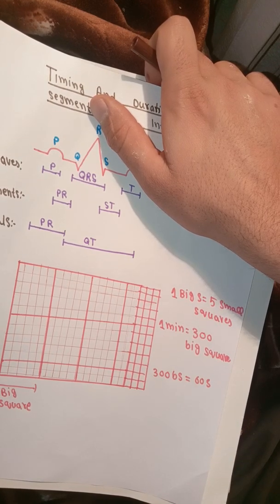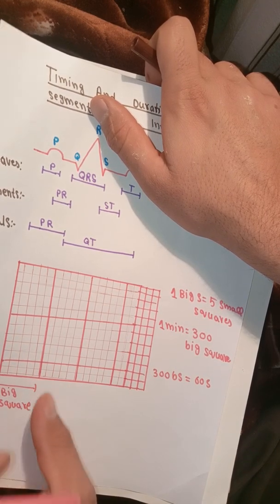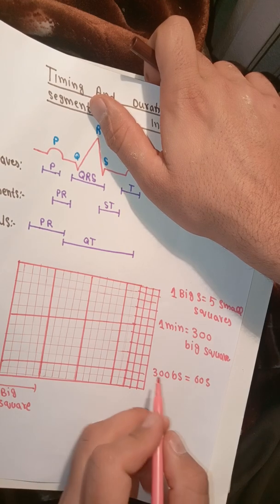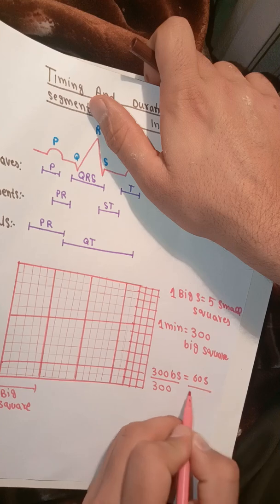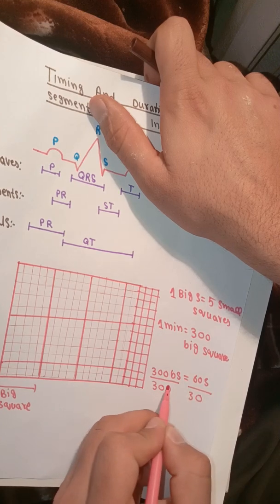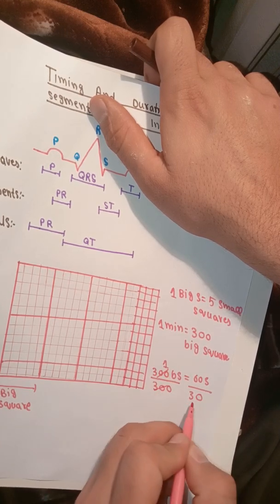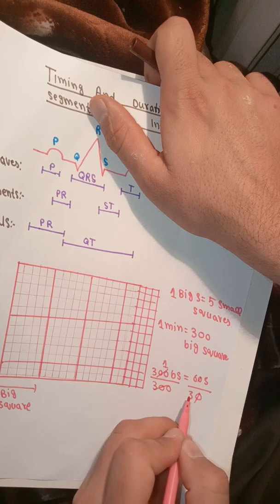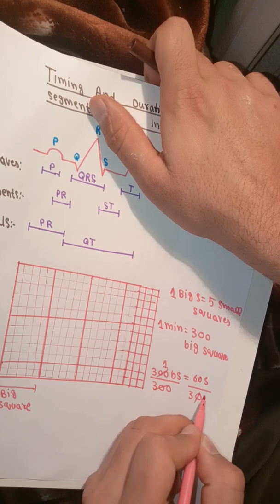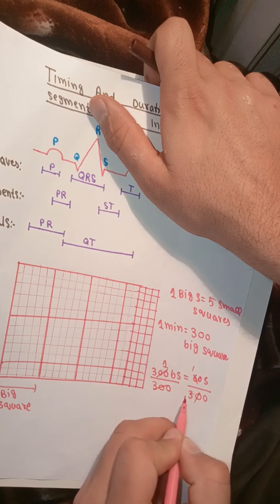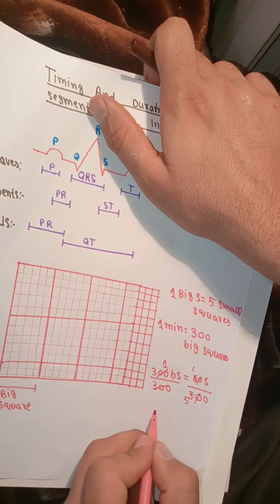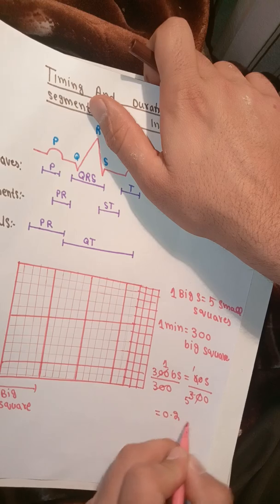Now, one big square will pass in how many seconds? Here we divide both sides by 300, so 1 big square is equal to 60 over 300, which becomes 1 over 5, which is equal to 0.2 second.